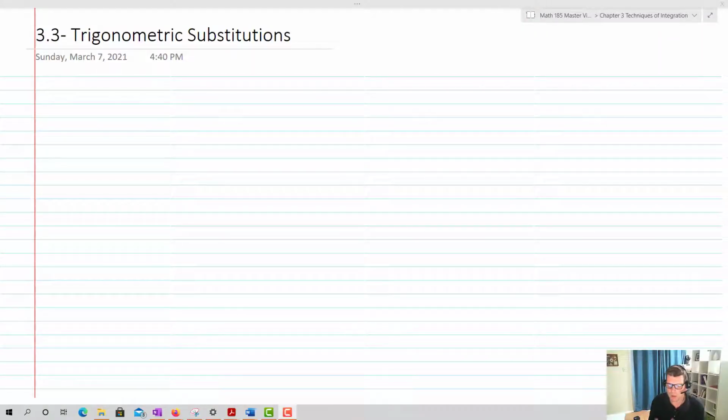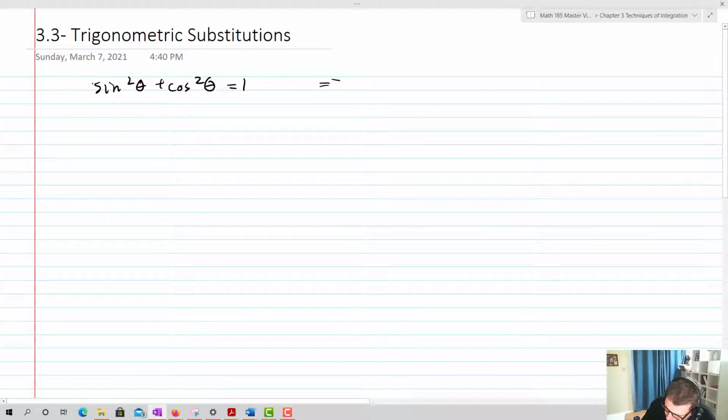We're going to start out by looking at our Pythagorean identities. The first one: sine squared theta plus cosine squared theta is equal to 1. If I rewrite that, the one we're concerned with is cosine squared theta equals 1 minus sine squared theta.